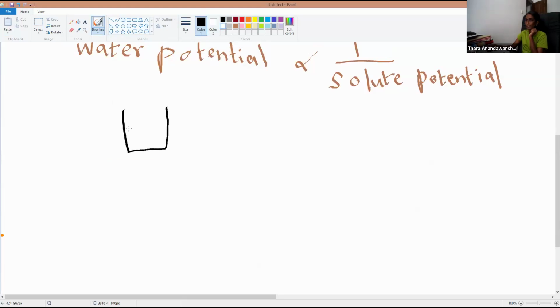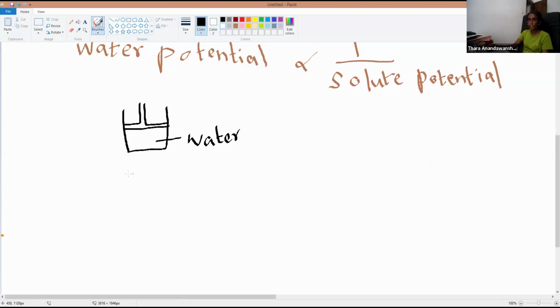You are going to apply some pressure using a piston here, and you are going to increase the pressure.